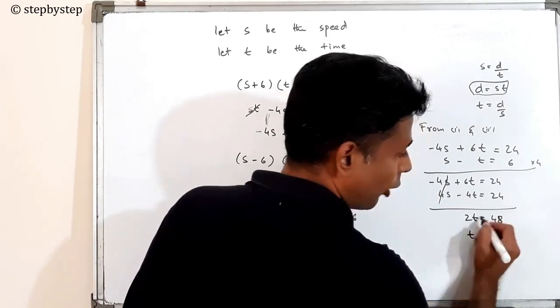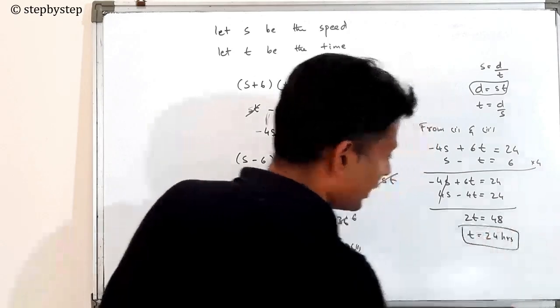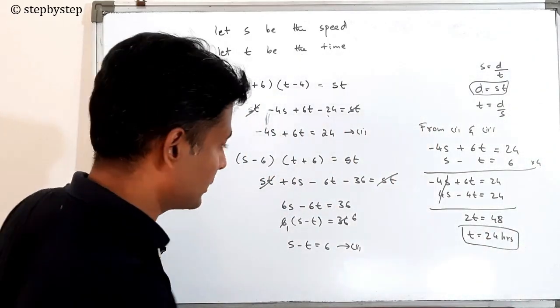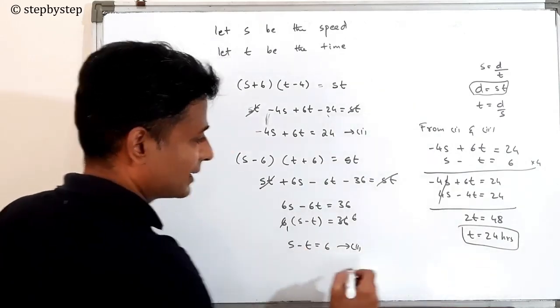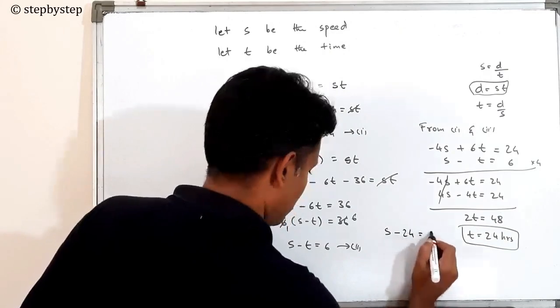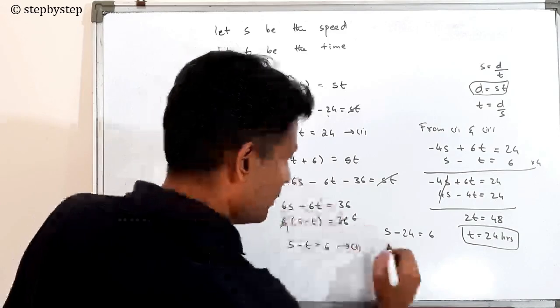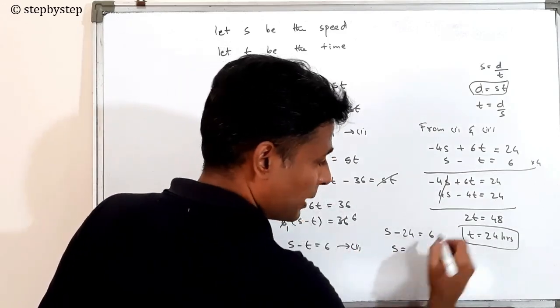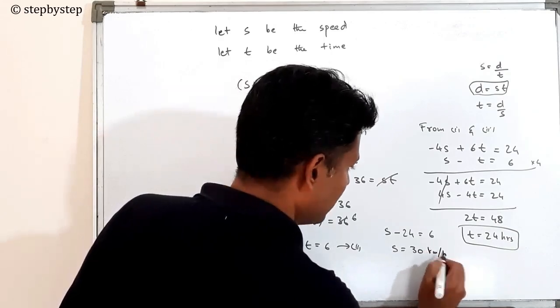So T equals 48 by 2, 24 hours. Now using the second equation, I'll find the value of S. S minus T, but T is 24, equals 6. So S equals 6 plus 24, that is 30 km per hour.